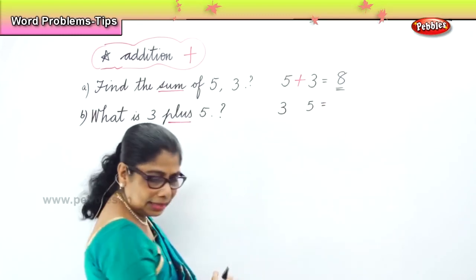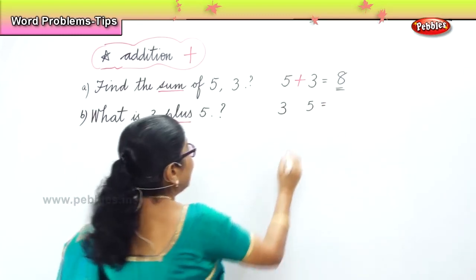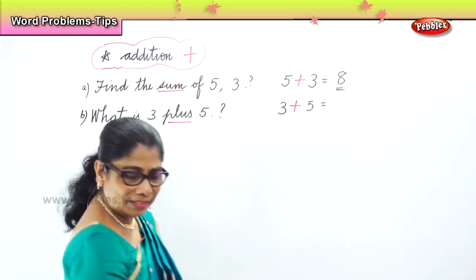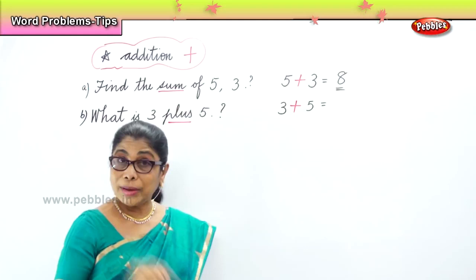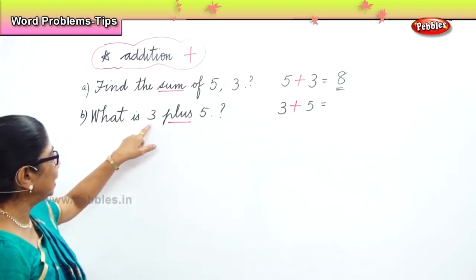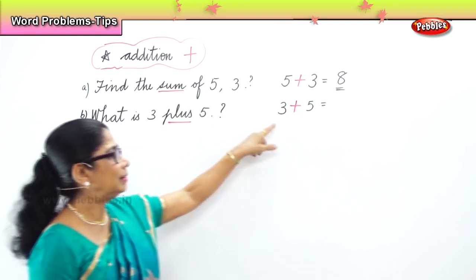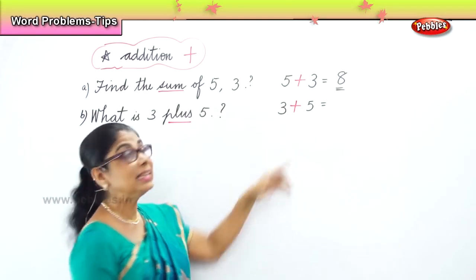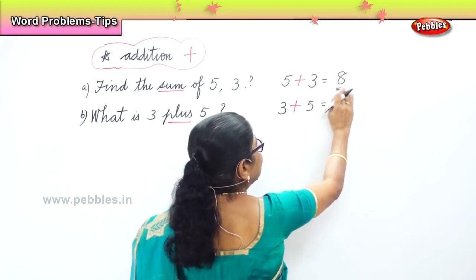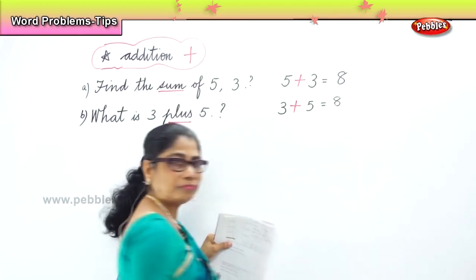Plus, that's a plus sign. We need to remember, when you read, you must understand. What is 3 plus 5? 3 plus 5 is 8. Very good.